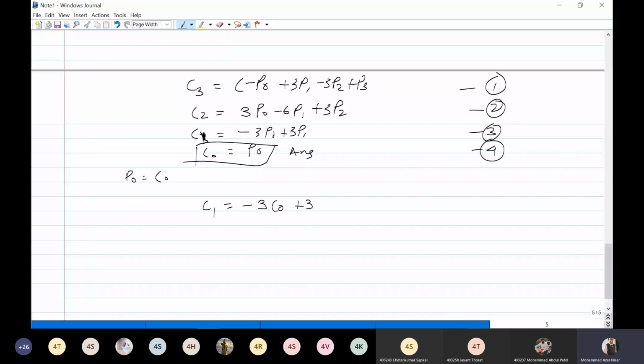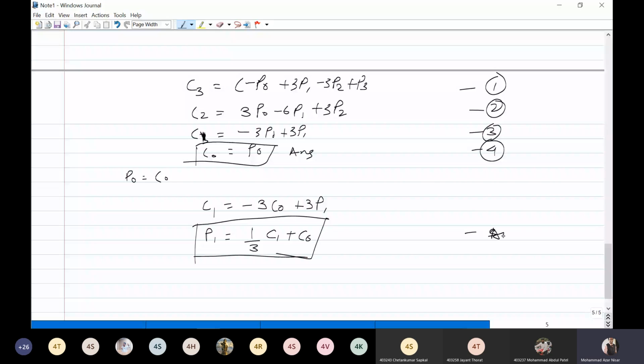If I convert this, P1 equal to 1 by 3 C1 plus C0. We will get this answer for P1, the first control point.